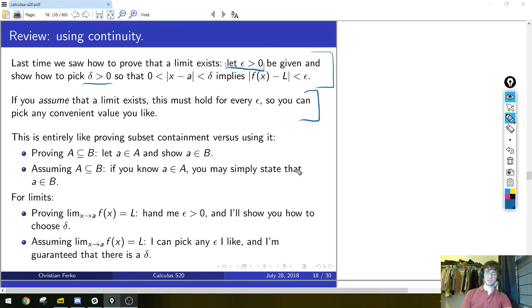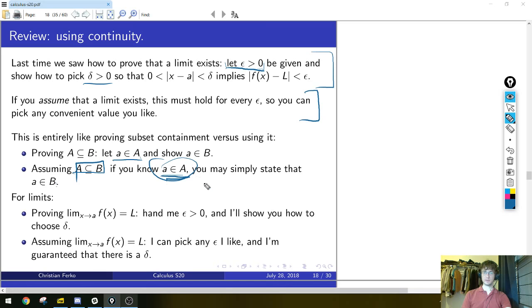It's just like subset containment. If you're proving A is a subset of B, you always start by saying, suppose you hand me a, which belongs to A, and then you prove a is in B. But if you're assuming A is a subset of B, and somewhere in the proof you stumble across some a, which is an element of A, regardless of what that is, you can assume that it's in B, because this thing is given.